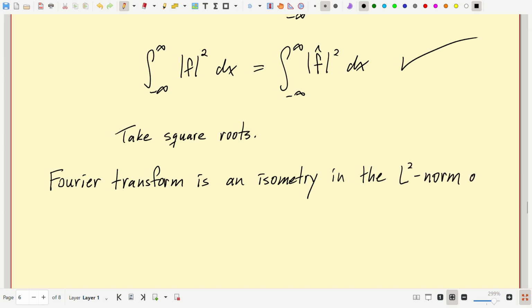On the Schwartz space, at least. But because of that, it means that you can take limits of Schwartz functions and get Fourier transforms of them in L2. I'm going to discuss it next time, just from an informational point of view.